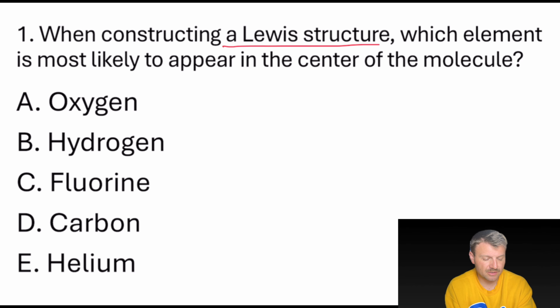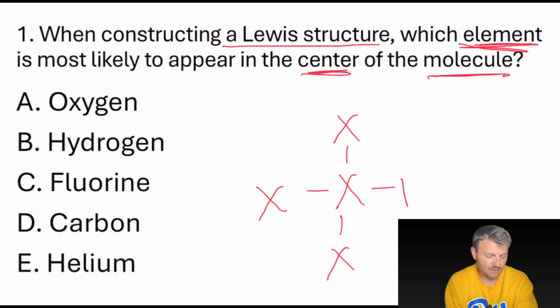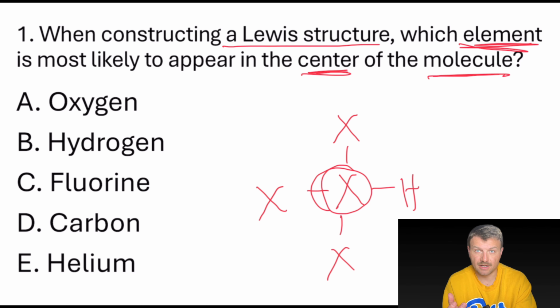Again, we're talking about Lewis dot structures, and we're looking for a specific element. There are 118 elements. There's only 5 here, but it's saying which is most likely to be the center of the molecule. I'm just going to put X's here for different elements. We know this center has to have the ability to bond with a lot of different elements.